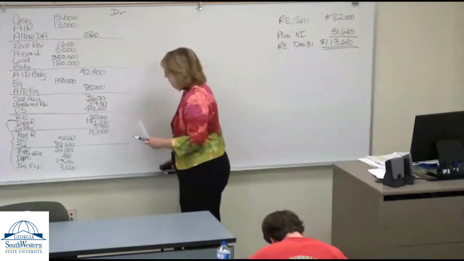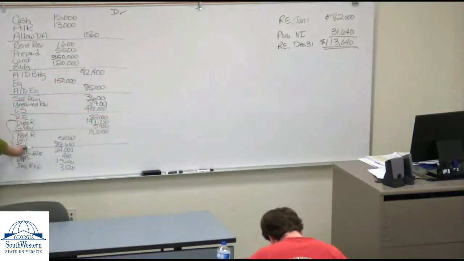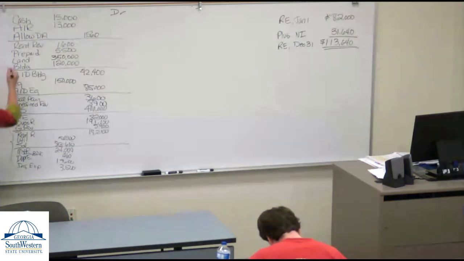So now we have used these numbers to come up with the income statement. The rest of these numbers are going to be on the balance sheet, right? And where are our assets? Down to accumulated depreciation, all these things are assets.